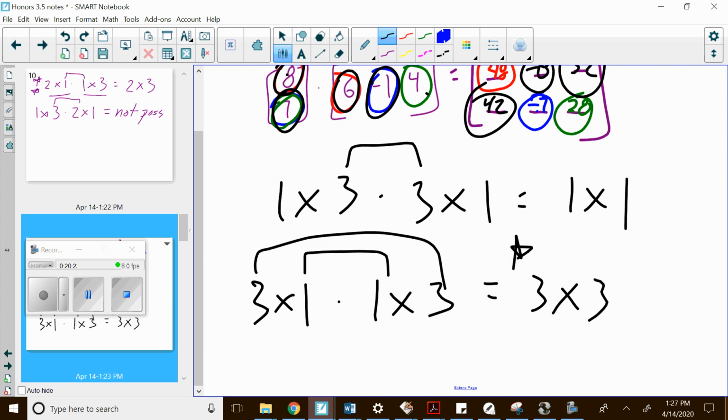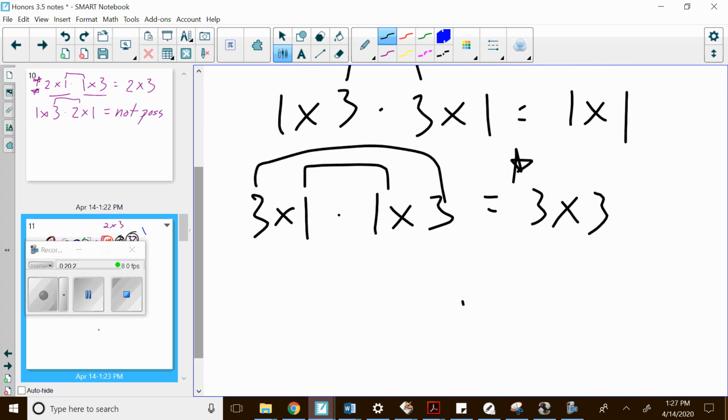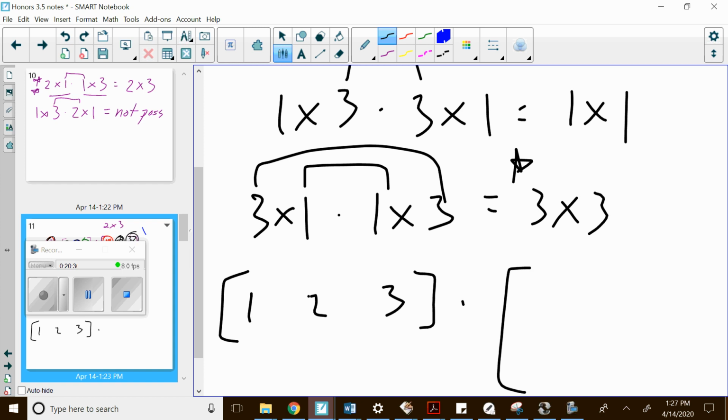And so what I want you to try to do to end this video is take 1, 2, 3. There's a matrix. And then 4, 5, 6. There's a matrix. Multiply them when this is the left one, this is the right one, and then switch them.